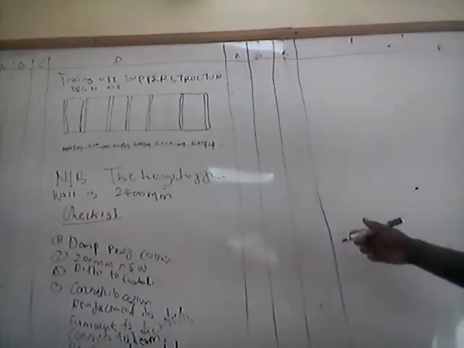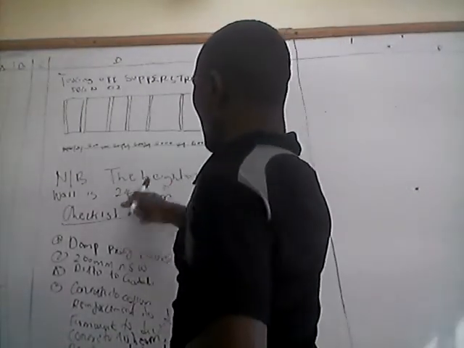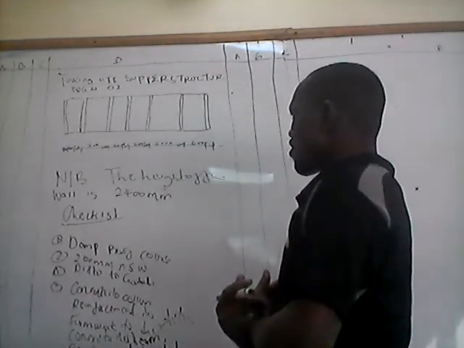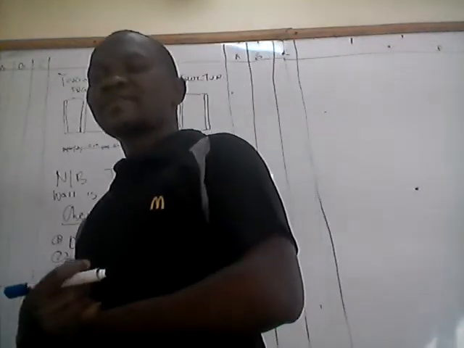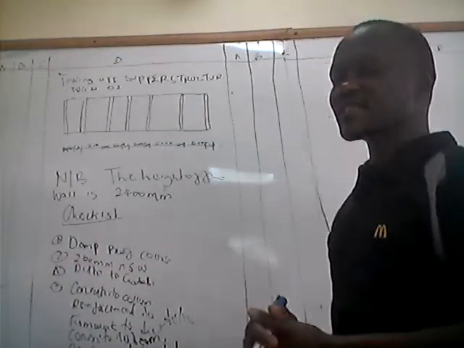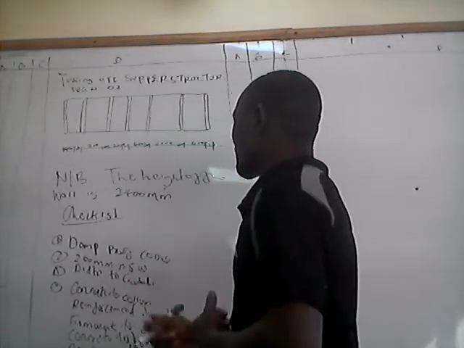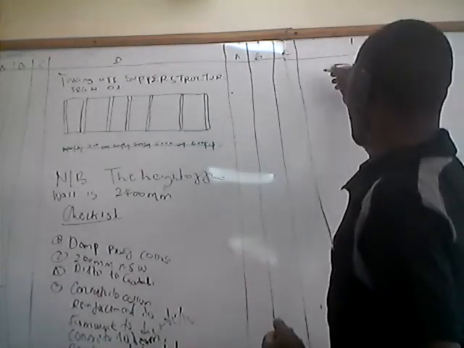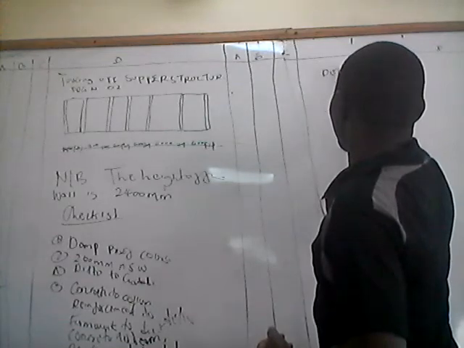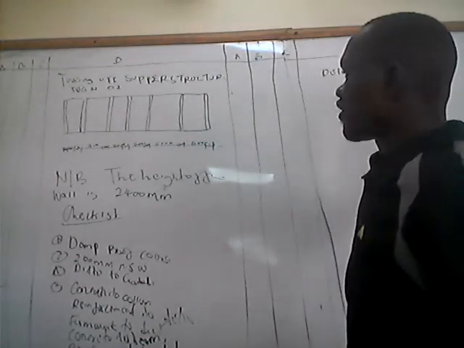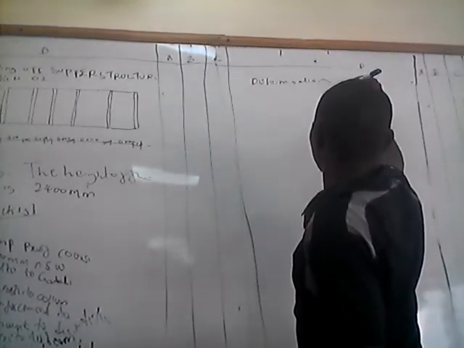Now we're going to start by taking off. We have to determine the center line of the diagram. The center line of the plan simply means getting the perimeter of the figure we are given. So we say determination of center line.